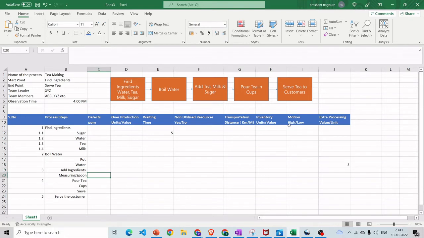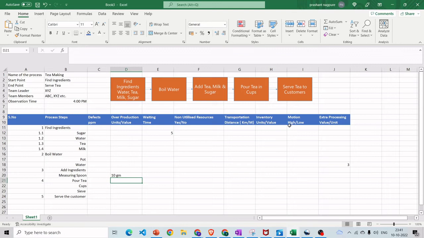So measuring spoon, no problem. It was just that I added, instead of 4 teaspoons of sugar, I added 5. So in a sense I overproduced. So I will say 10 grams of extra sugar was added.